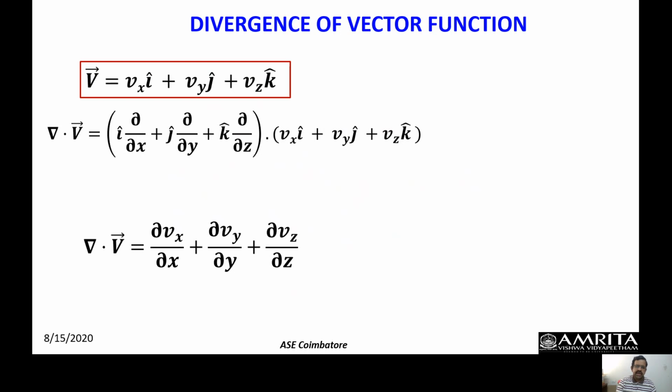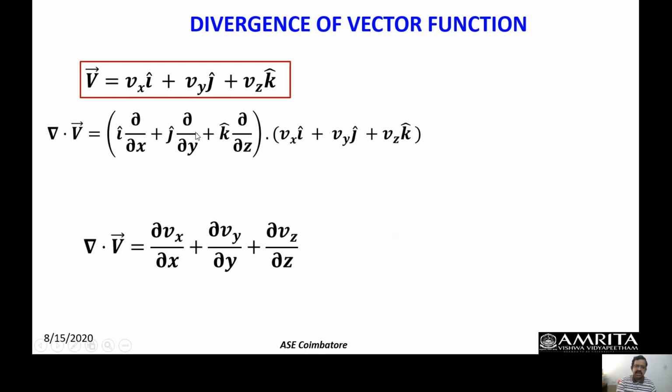So what do I get? I get a scalar quantity. Vx is the component along the x direction, Vy is the component along the y direction, Vz is the component along the z direction, and the moment I take the dot product, we know i dot i equals 1, whereas i dot j and i dot k are 0 because i, j, k unit vectors are mutually perpendicular.